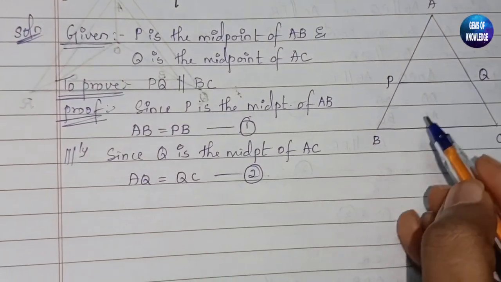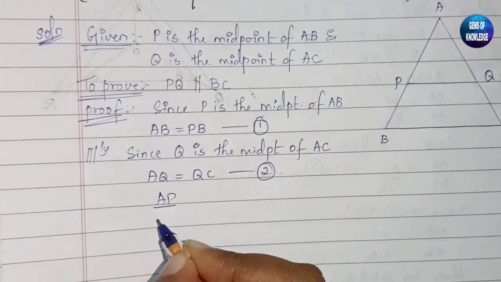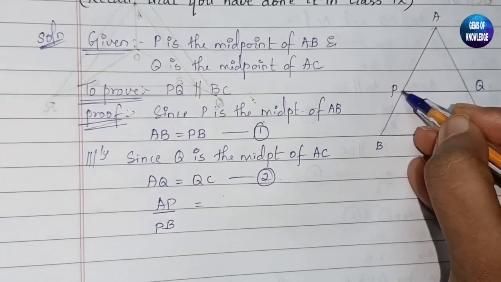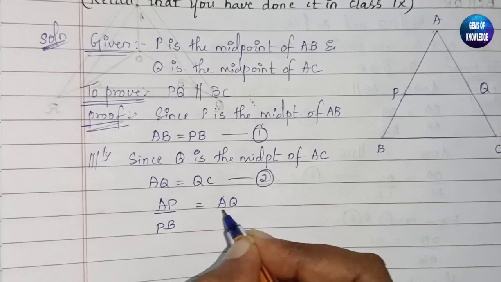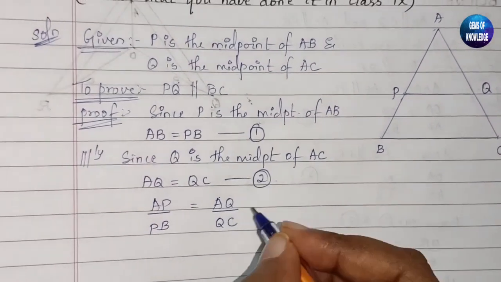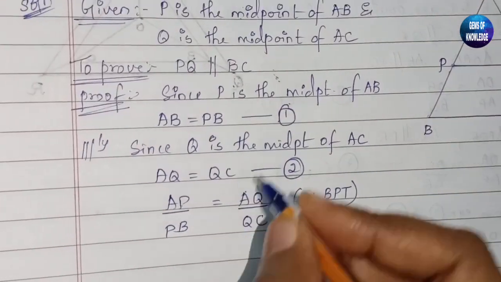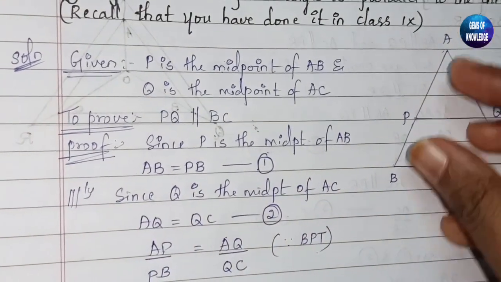Now according to the converse of BPT, we can write AP by PB is equal to AQ by QC. I made a mistake here, this must be AP by PB.